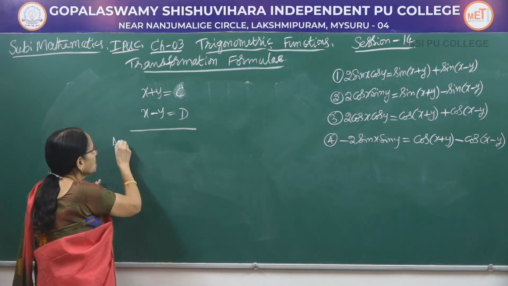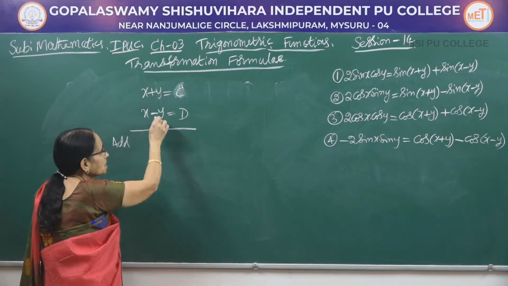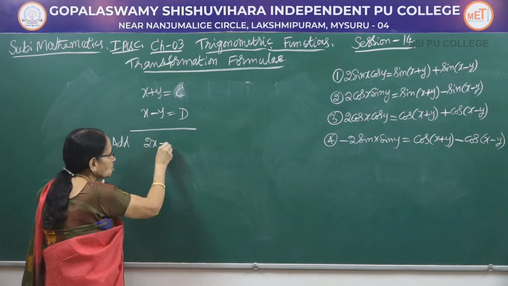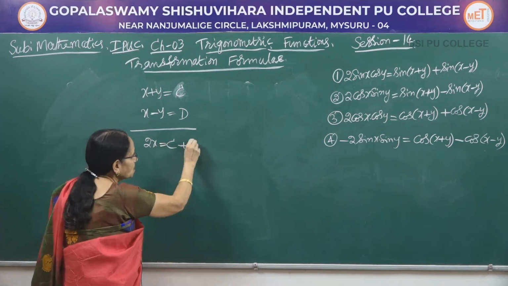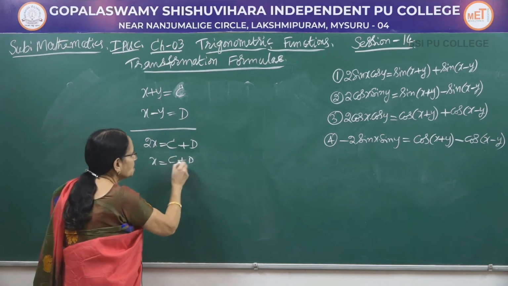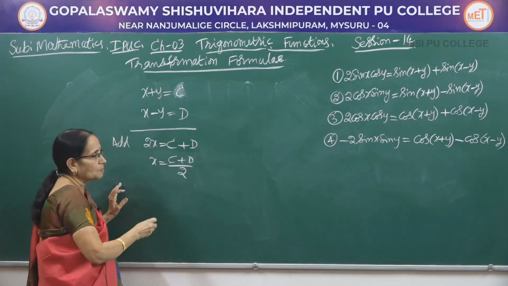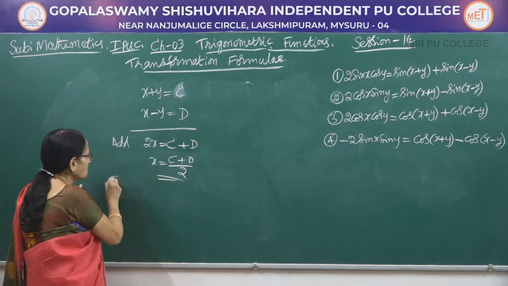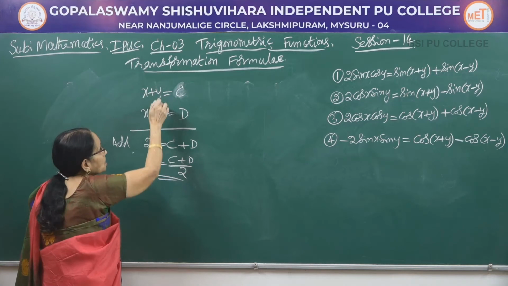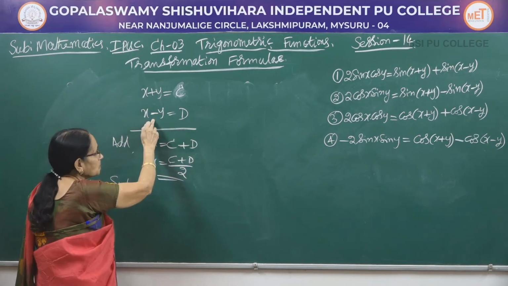Now let me add these two. When you add, y gets cancelled, x gets added up: x plus x, that is 2x, on the left hand side, right hand side is c plus d, that implies x is equal to c plus d divided by 2. Similarly, when you subtract, x gets cancelled, y gets added up because this minus becomes plus.